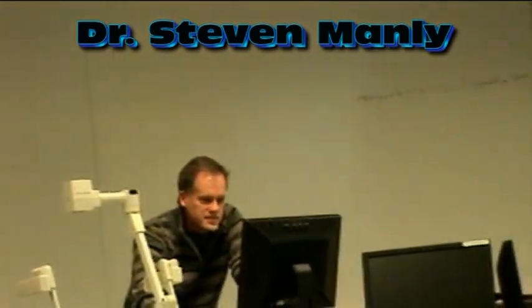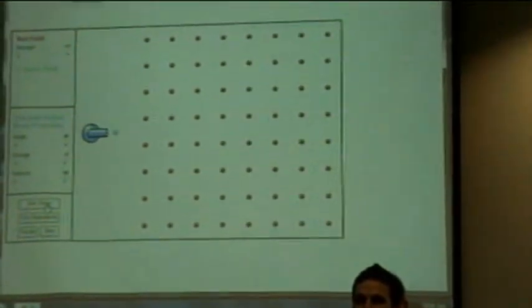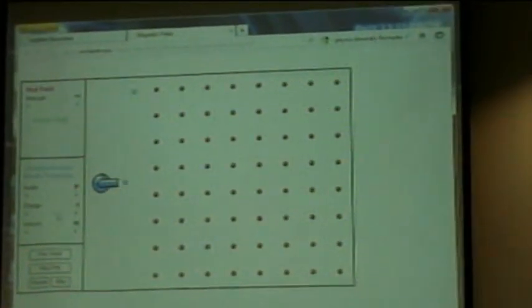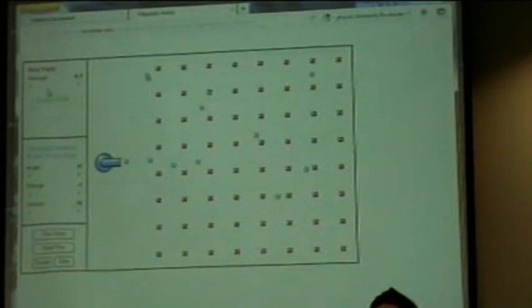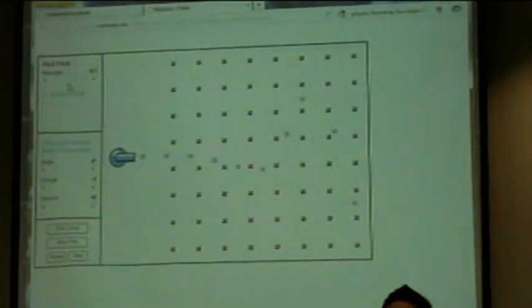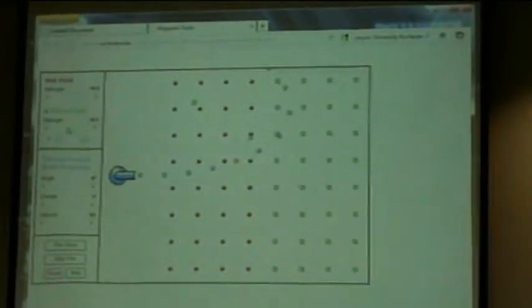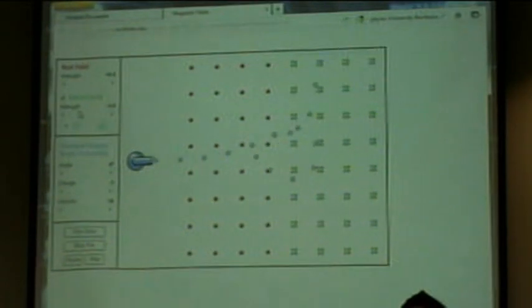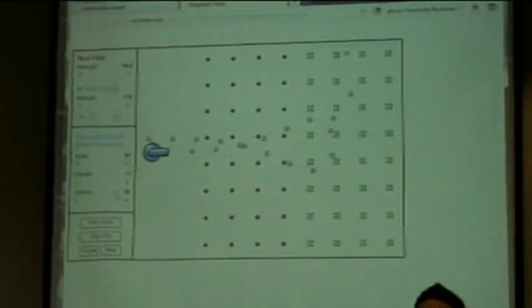So here I have a particle cannon basically shooting particles into magnetic fields. And you can have a lot of fun with this one, actually. You can change the strength on the fly and the direction. You can put the field in two separate directions.